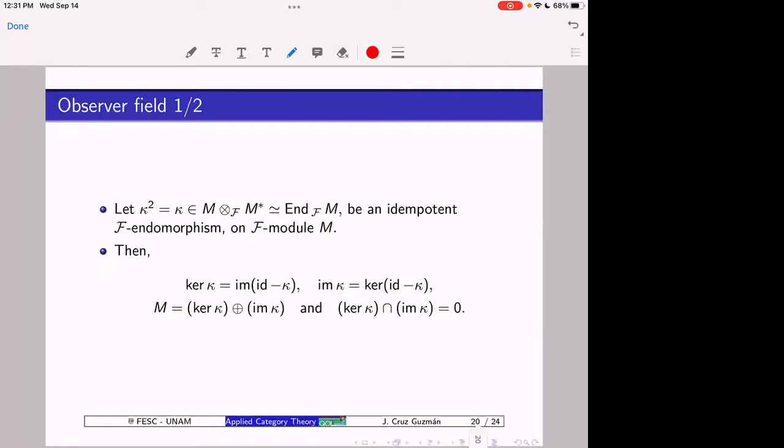If we split the space in this way, we can define with this an observer as an idempotent. Idempotent, yes.